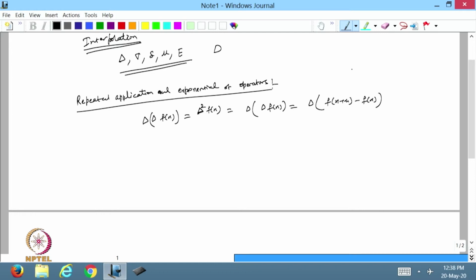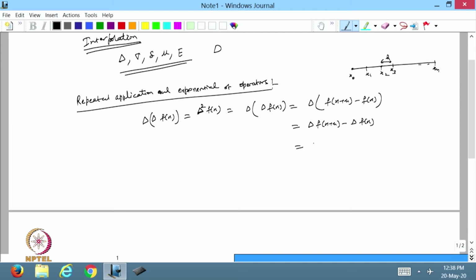So I have the data given to me. This is my x 0, suppose x 1, x 2, x n. I am applying this operator at any x, so it will go further by the distance h, to x 3, minus f x. This is the difference operator, and now applying it again, this will be f x plus h minus del f x.